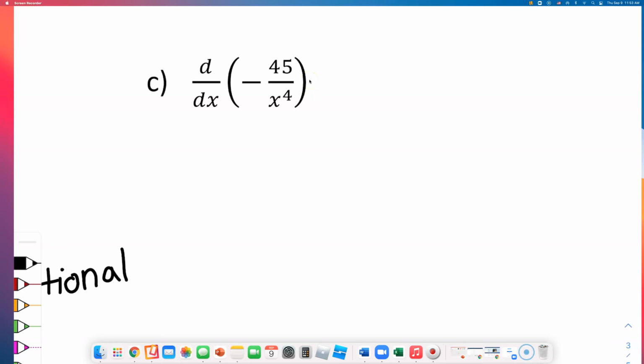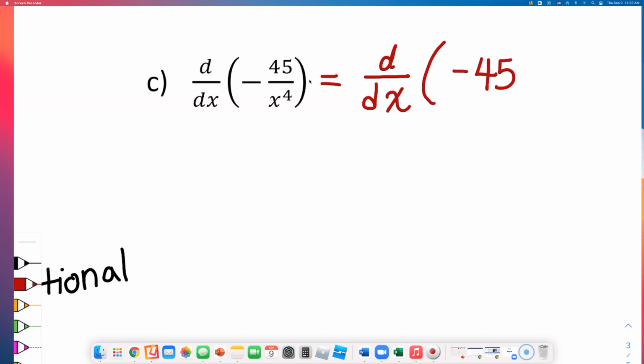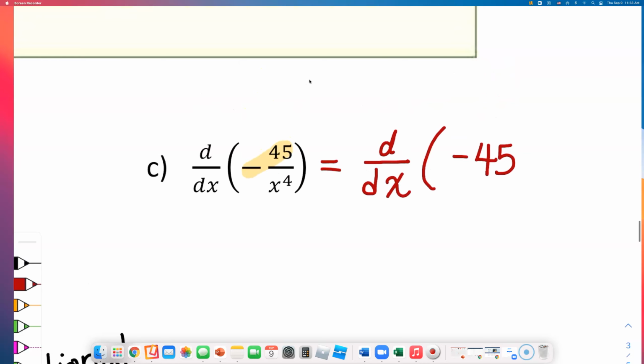And it's going to look like this, okay? This is the same as finding the derivative of negative 45, and you see where I got negative 45 from, right? There is negative 45 right there. But what I'm doing is I'm rewriting 1 over x to the 4th, okay? I'll make a note here. Note.